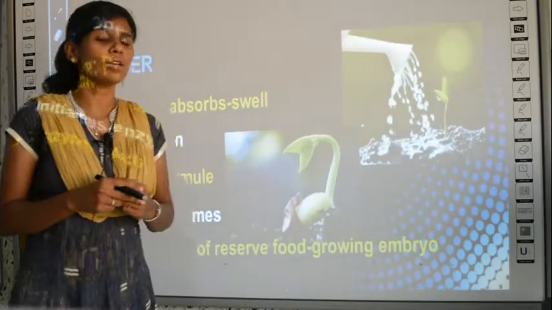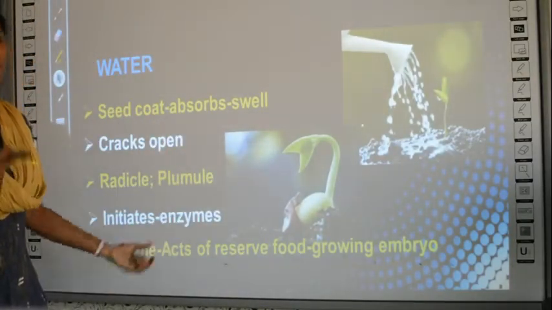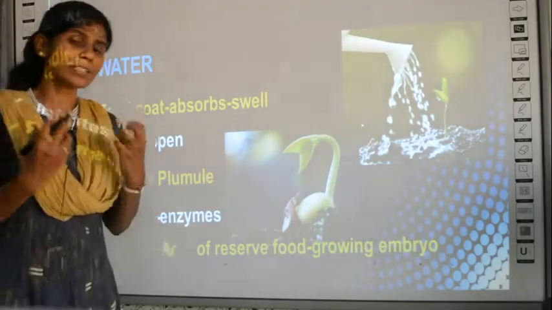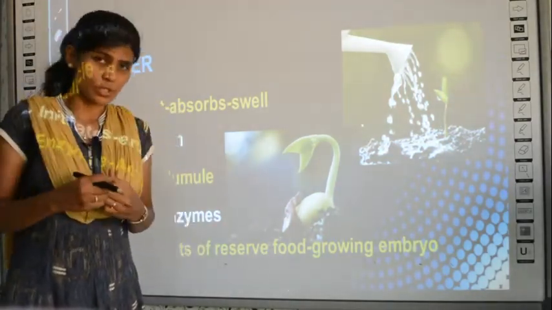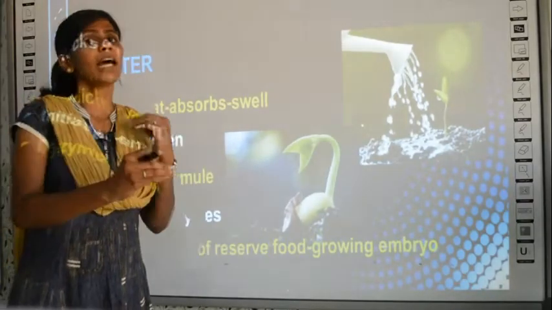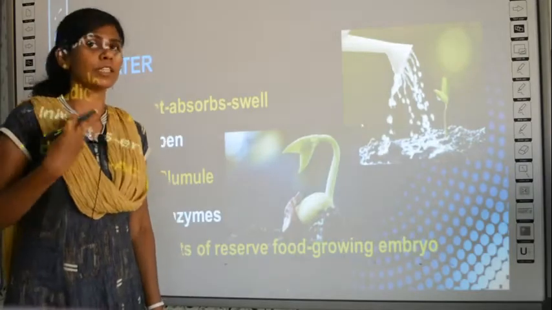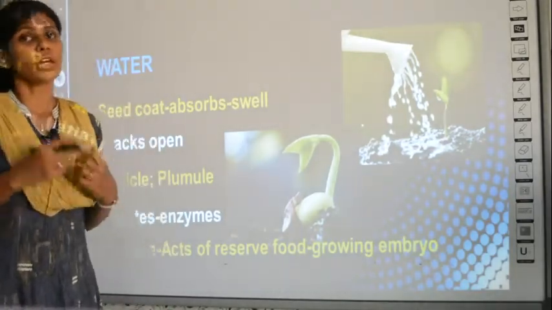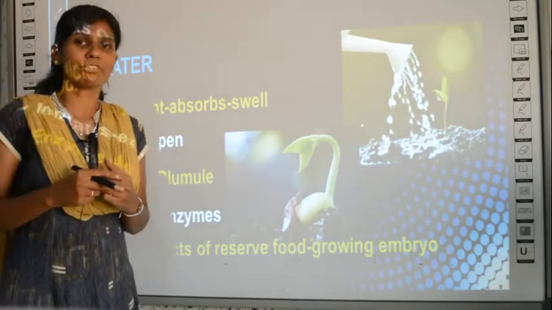So what did I tell you? When you provide water to a seed, the enzymes are activated, and the activated enzymes will act on the food which is stored in the cotyledons, and that food is helpful for the young plant, that is the seedling, to grow into a plant until the nutrients are supplied from outside.